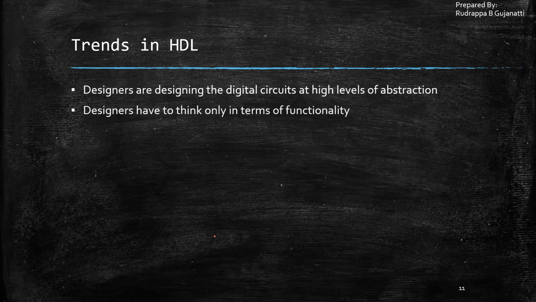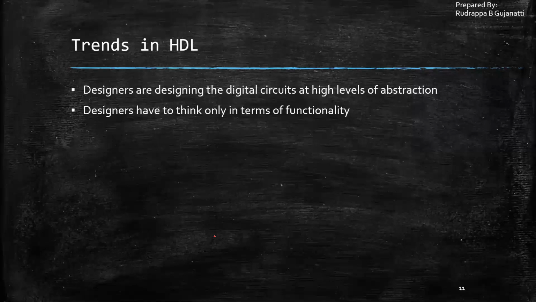When we are speaking of high levels of abstraction, designers just need to think from a functionality point of view. Breaking that functionality down is a later task. For example, I want to build a counter. The functionality is that it should count from 0 to 9, and after that it should repeat.